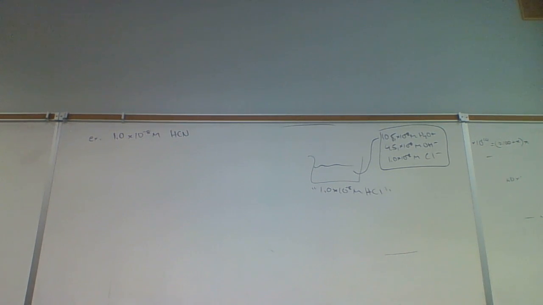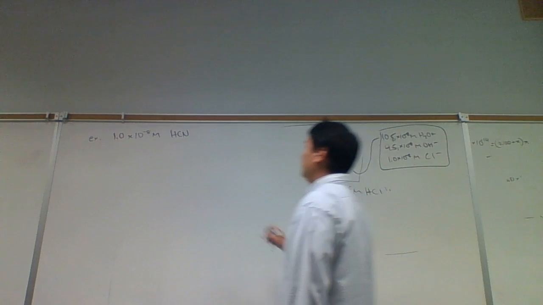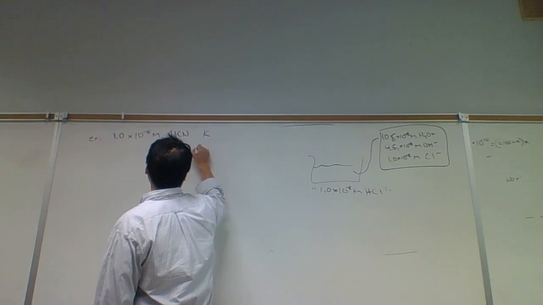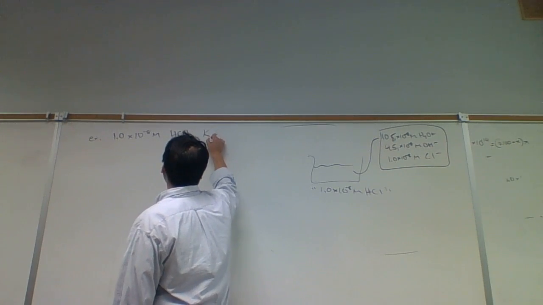The Ka values are located in our book and also in Appendix D. HCN is a weak acid, so we have to pay attention to that. It's not a strong acid.